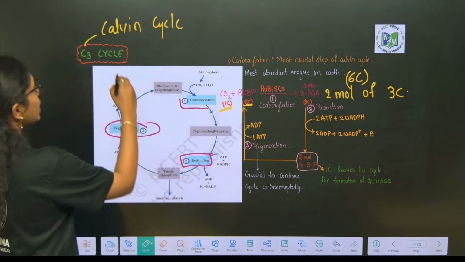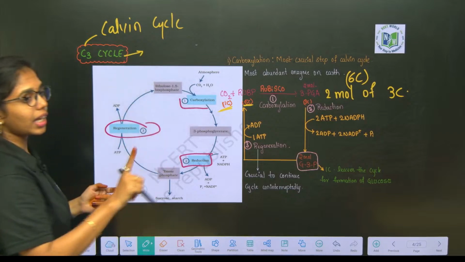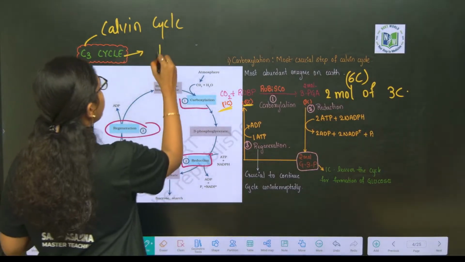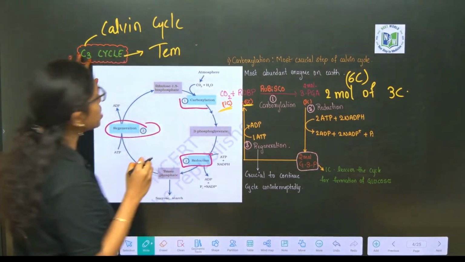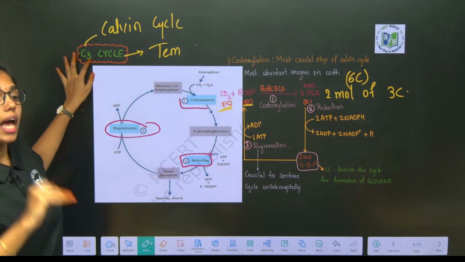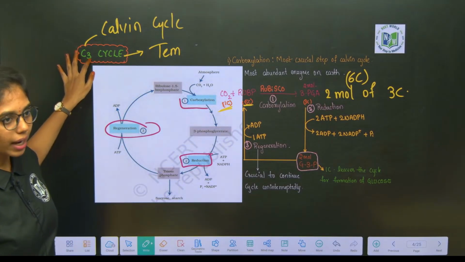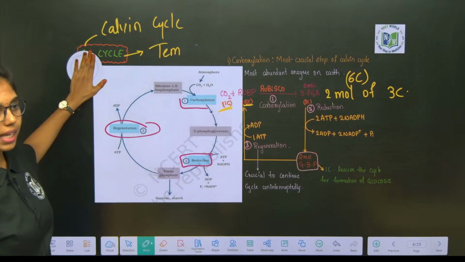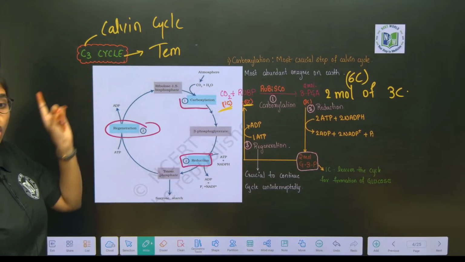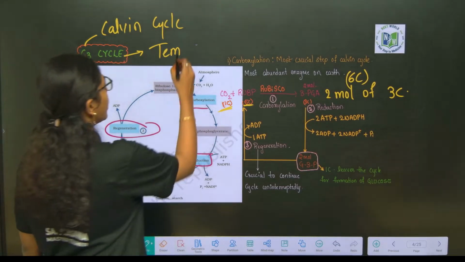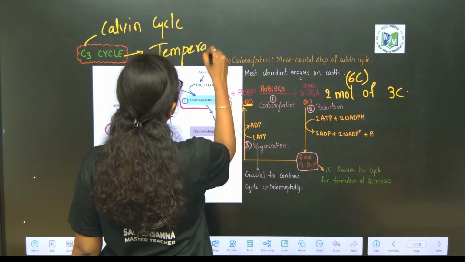The C3 cycle is the only cycle operated in temperate plants. Of course, it is seen in all other plants along with other cycles like C4 and CAM, but only the C3 cycle, without any other cycles, operates in temperate plants.